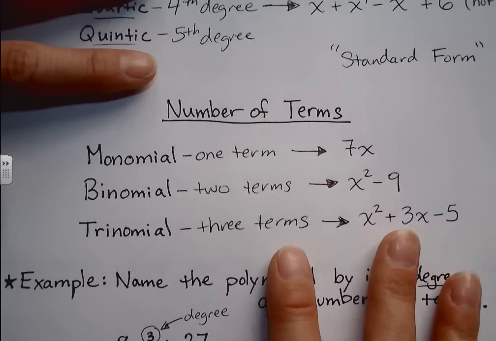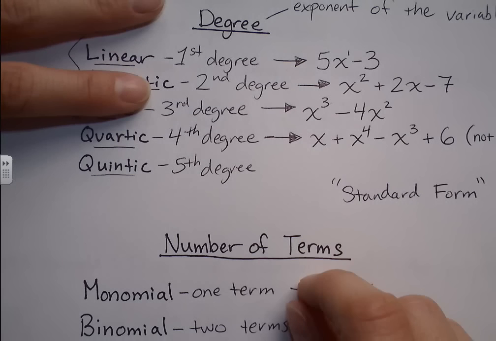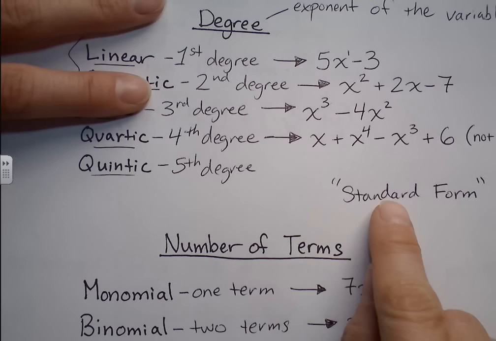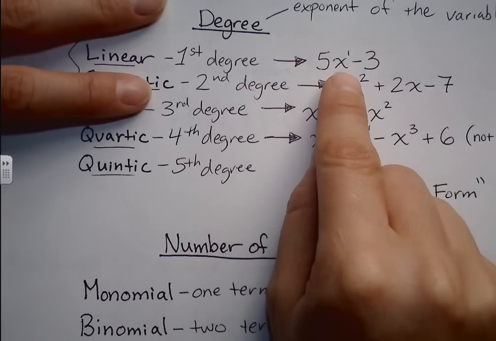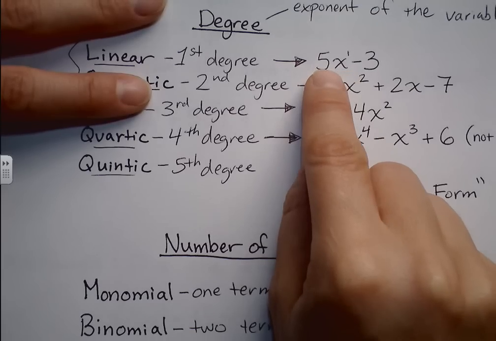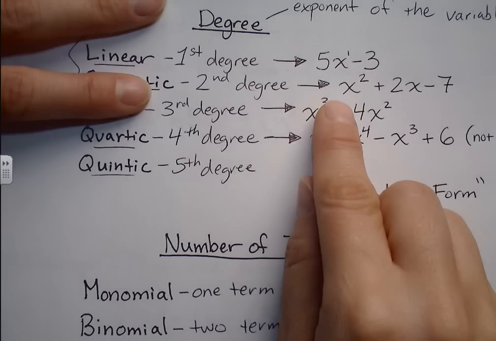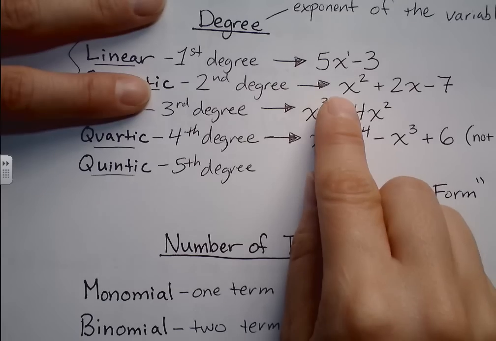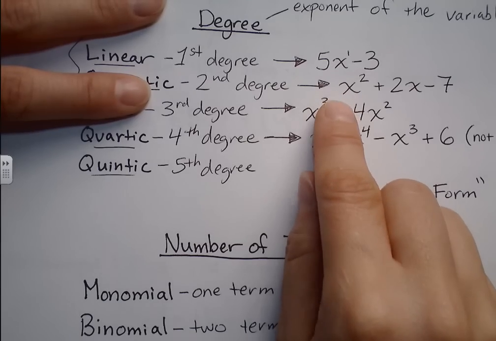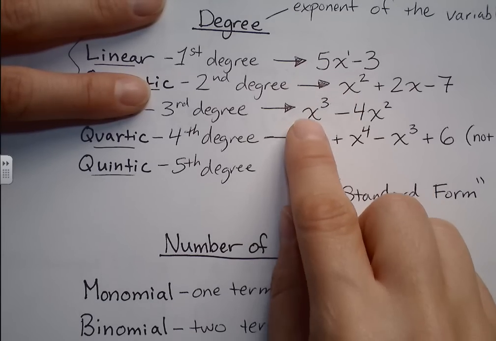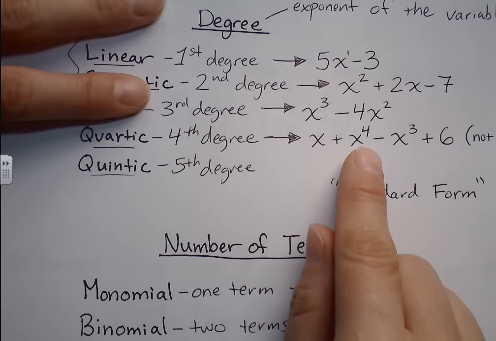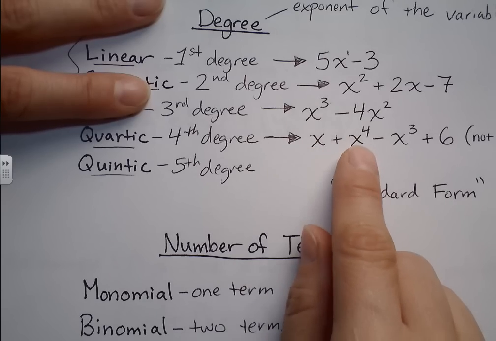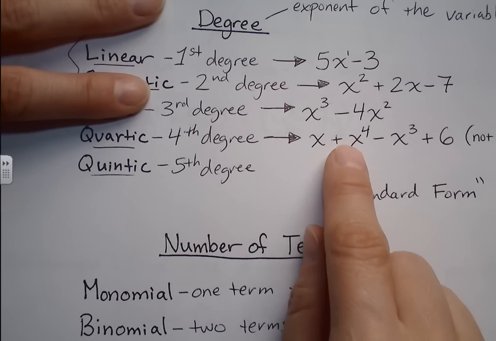So this first lesson was really just some basic vocabulary that you need to understand what we're talking about when we talk about polynomials, the degree and the number of terms. Also knowing what standard form looks like, largest degree to smallest degree. And one other thing I didn't mention, but most of these have a leading coefficient of 1, but when you have it in standard form, the leading coefficient is the coefficient of the largest degree.